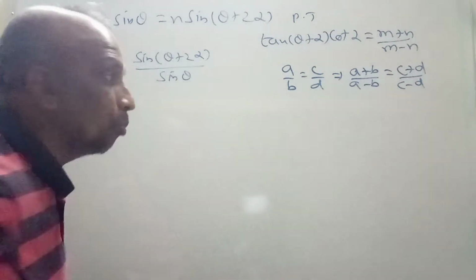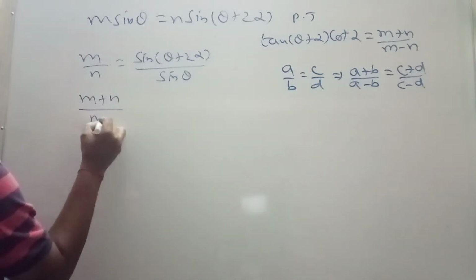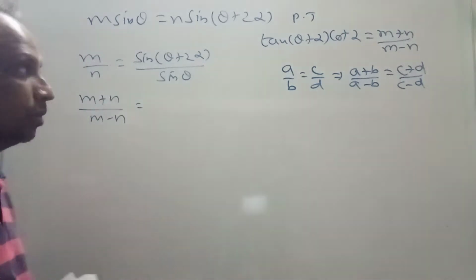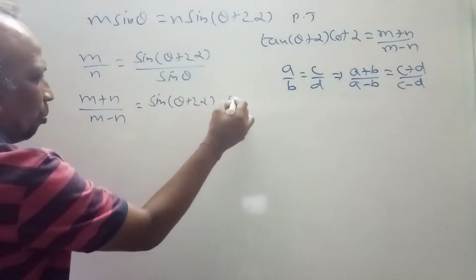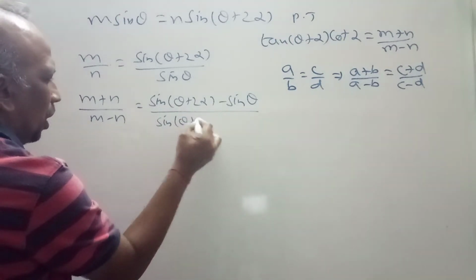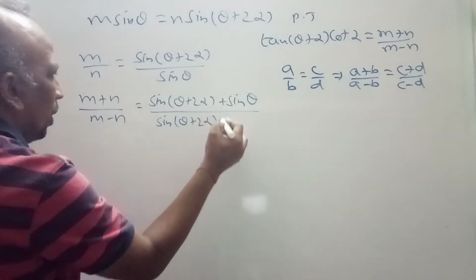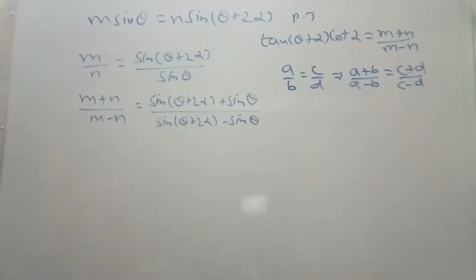Now if I apply componendo dividendo, you will get m plus n by m minus n, which is equal to sine of theta plus 2 alpha plus sine theta by sine of theta plus 2 alpha minus sine theta. This is plus, this is minus. I am using the componendo dividendo property, right?